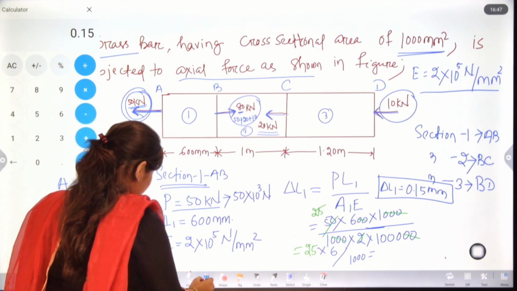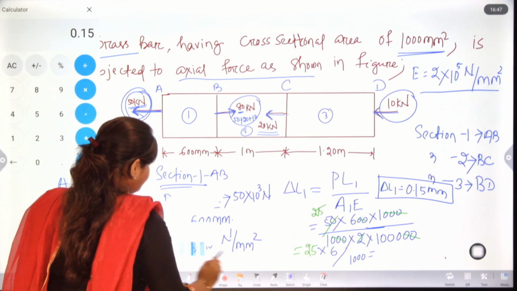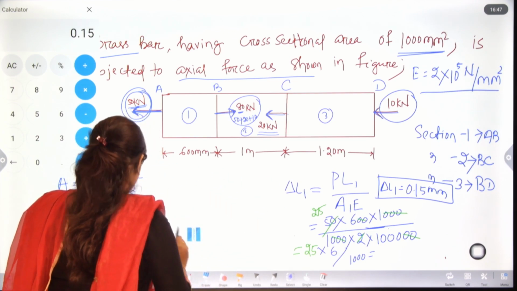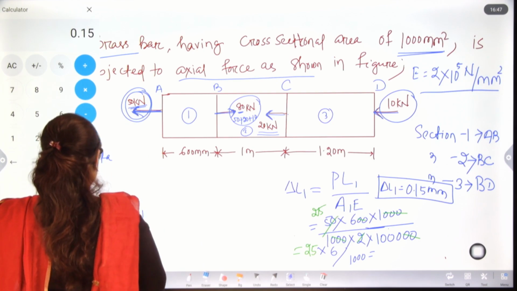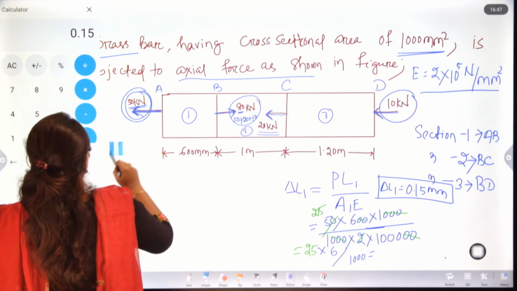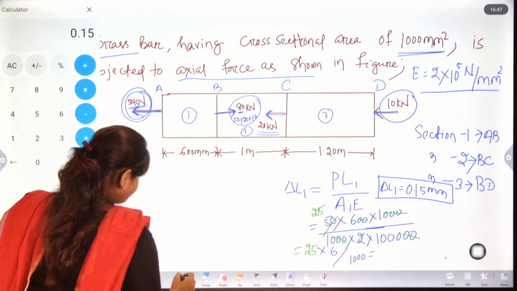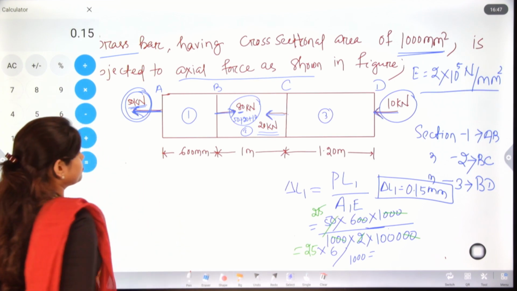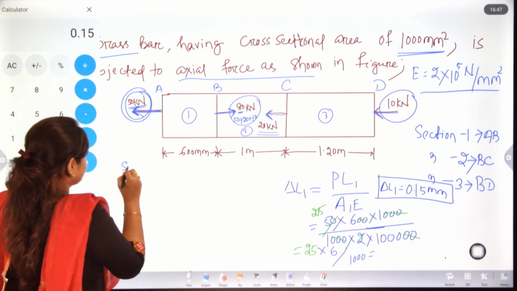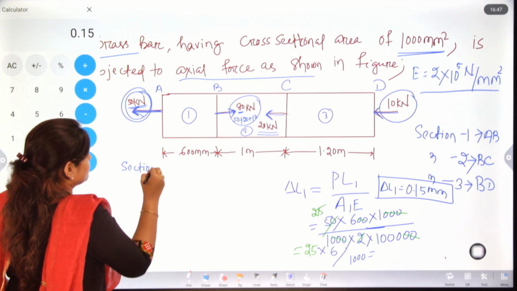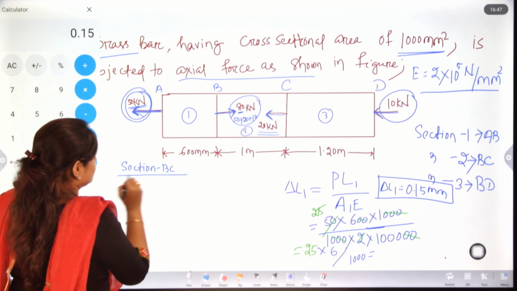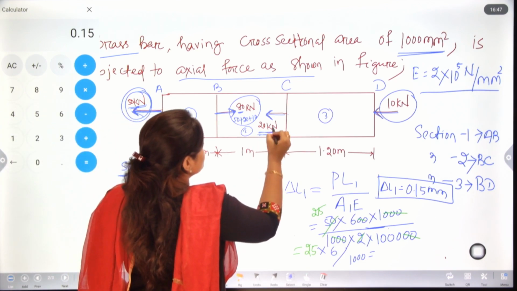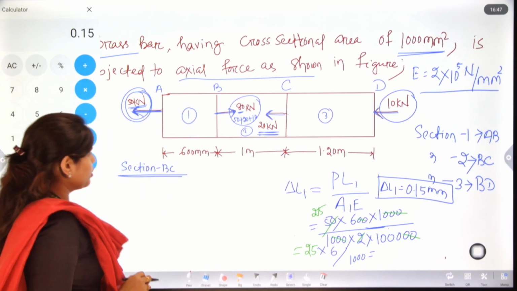To calculate del L2 for section BC, as we have calculated, the force is compressive in nature and 20 kilonewton.